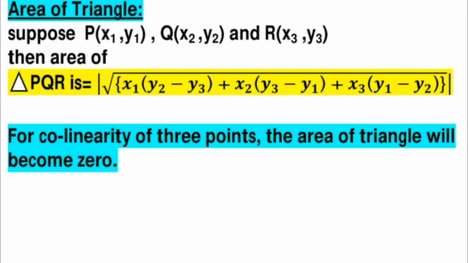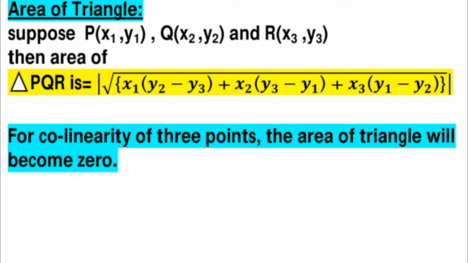Then the area of the triangle PQR is equal to half into modulus of x1 into (y2 minus y3) plus x2 into (y3 minus y1) plus x3 into (y1 minus y2). Why modulus? The modulus sign gives us the positive value of area. We know that area can't be negative, that's why we have to take the modulus sign.